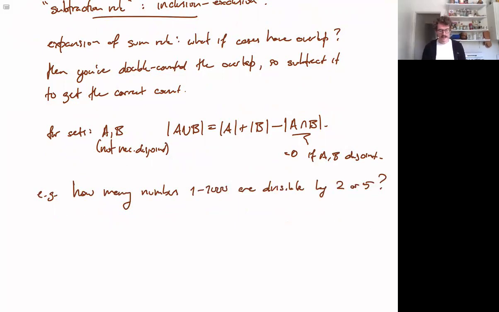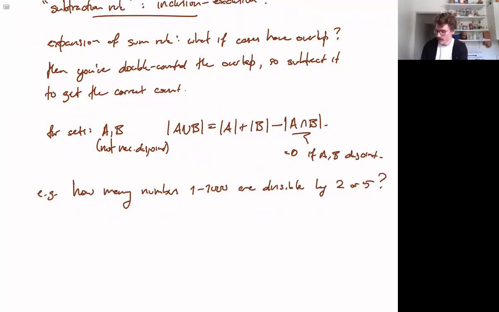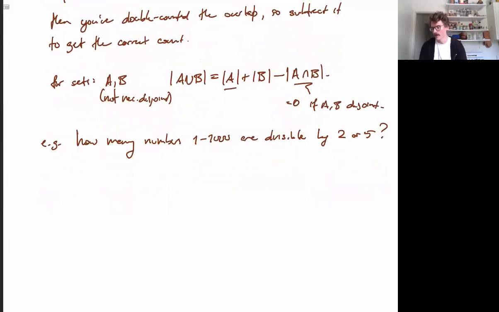So you can see that this is a situation that we were ignoring before, because these two categories, a number being divisible by 2 and a number being divisible by 5, do have overlap, namely when the number is divisible by 10. So we need to count how many are divisible by 2, how many are divisible by 5, and how many are divisible by both, which is divisible by 10.